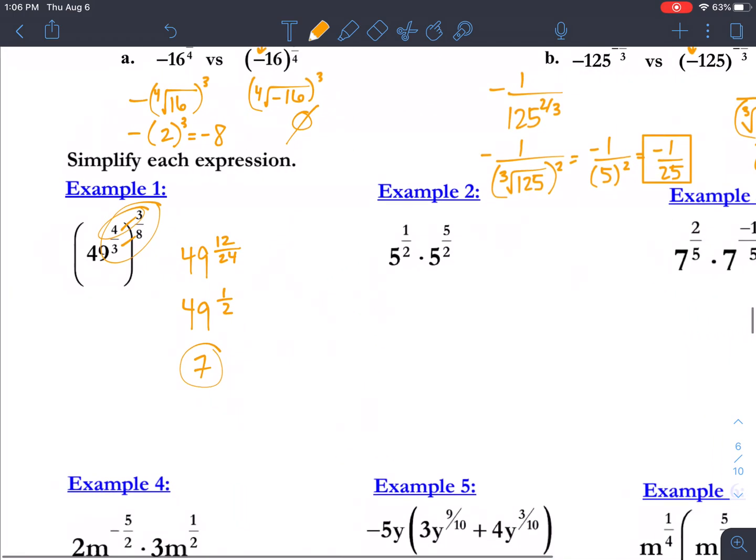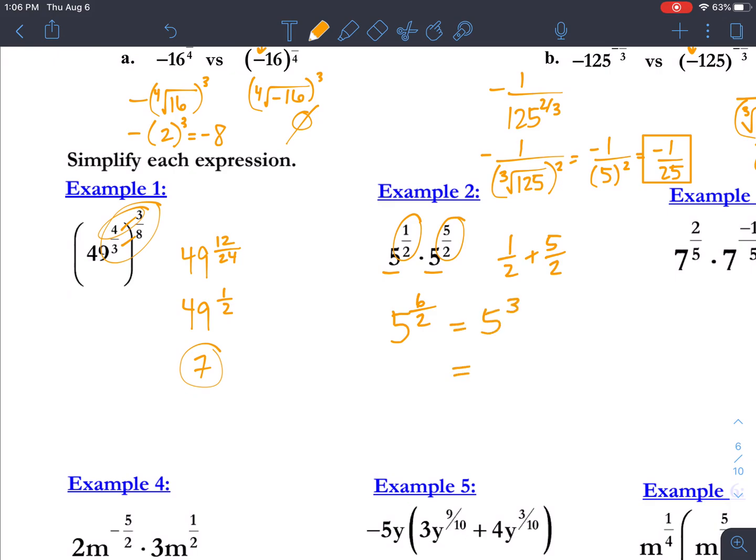Okay, now the next two are both numbers that we're not going to be able to simplify, but we do want to get it down to one base. So for example, 5 to the 1/2 times 5 to the 5/2, here's the trick. You keep the base and add the exponents, okay? What's 1/2 plus 5 halves? 1/2 plus 5 halves is 6 halves. Remember, keep the denominator, add the numerators, which is really 5 to the third.